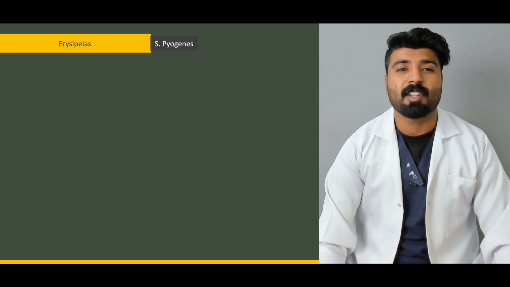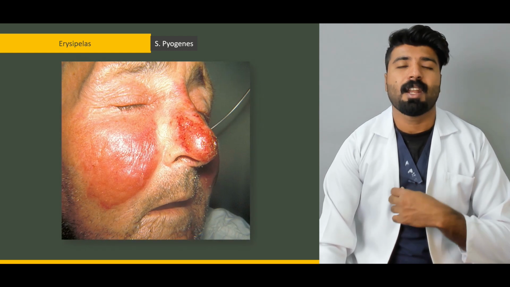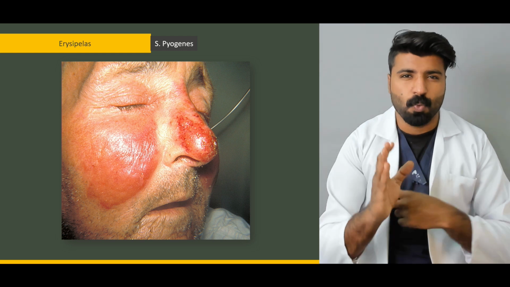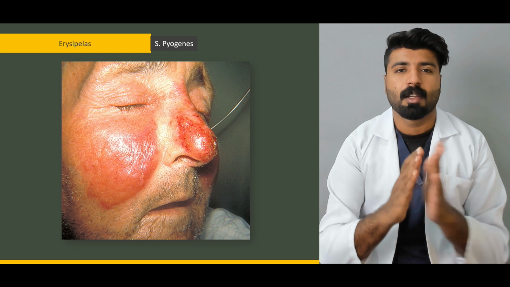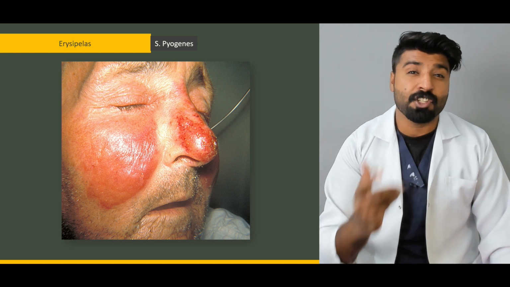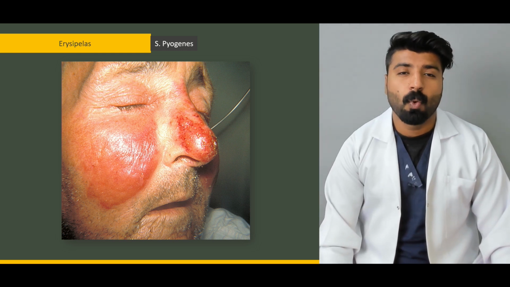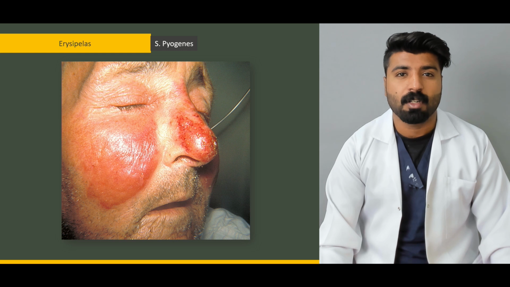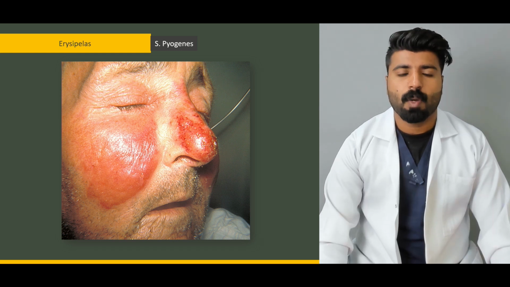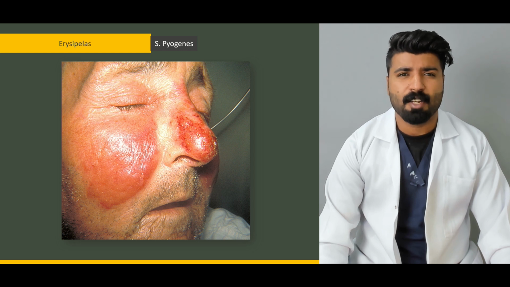Next on, we have erysipelas, which is caused by Streptococcus pyogenes. Now, there's a very minute difference between cellulitis and erysipelas. You won't be able to differentiate between them. The only differentiation point you will look for is the area which is being involved. What this pathology involves is basically the dermis layer of the skin and underlying fat.